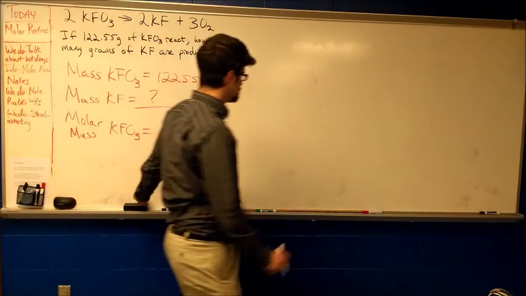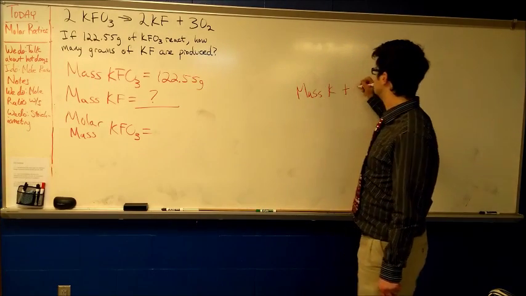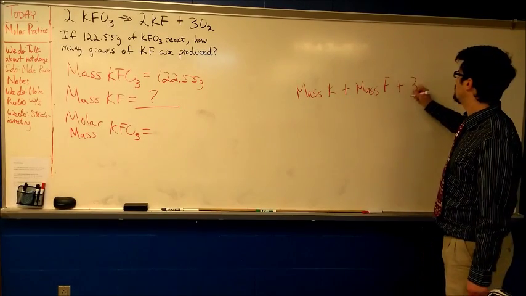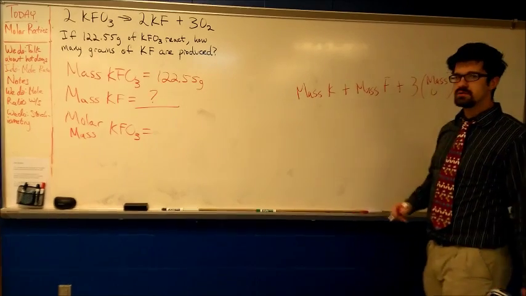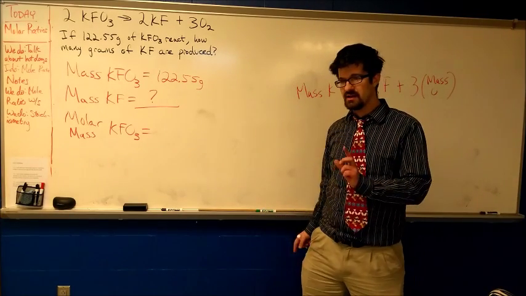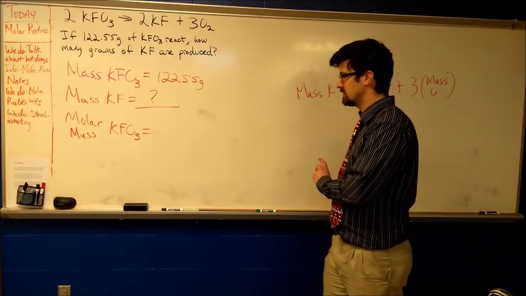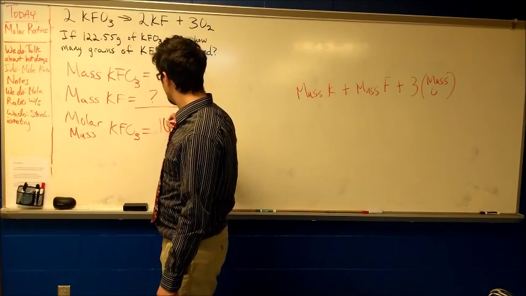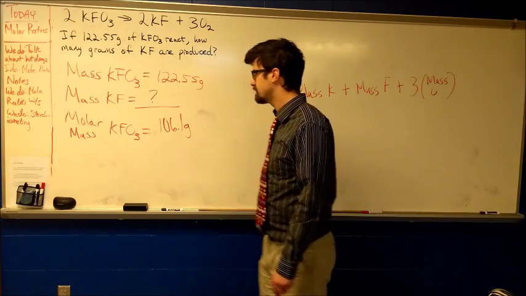To figure that out, we'll do the mass of K plus the mass of F plus 3 times the mass of O. If you want to take a minute, figure that out off your periodic table, and then I'll give you the answer. Okay, hopefully you paused it and figured out that the answer is 106.1. So that's grams.